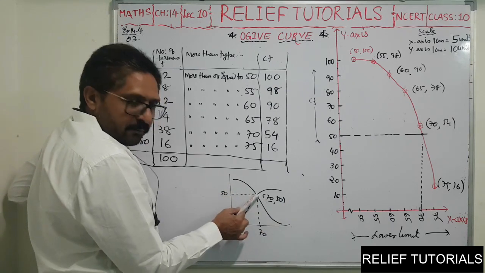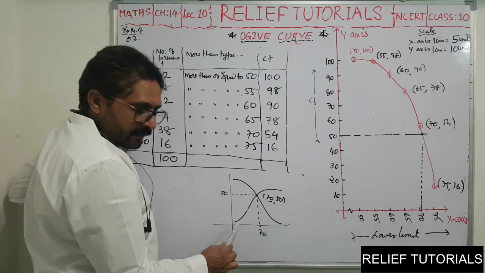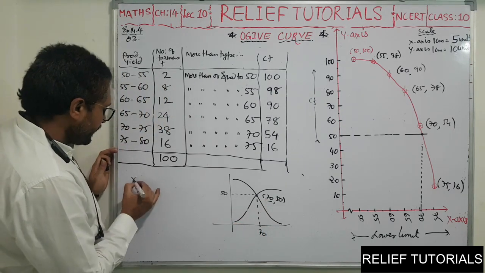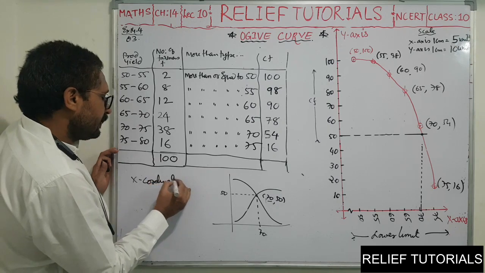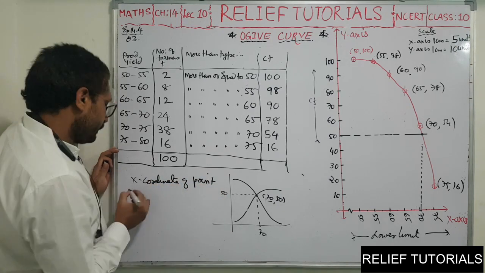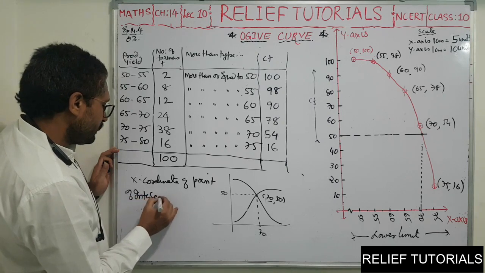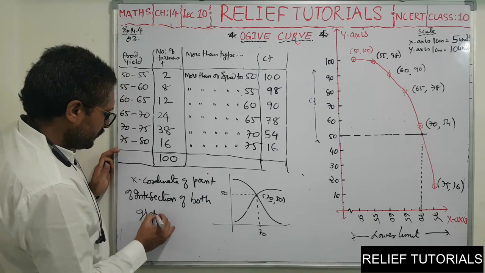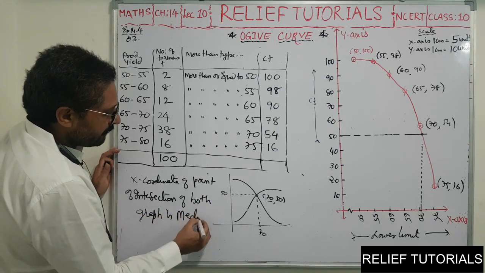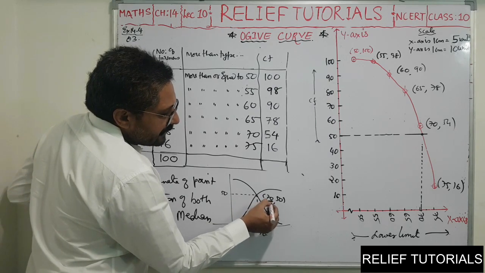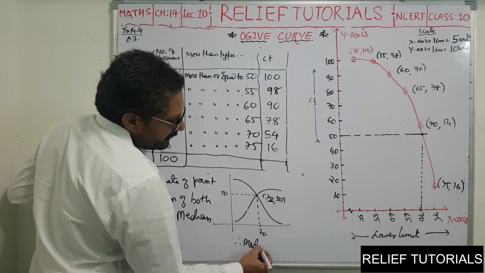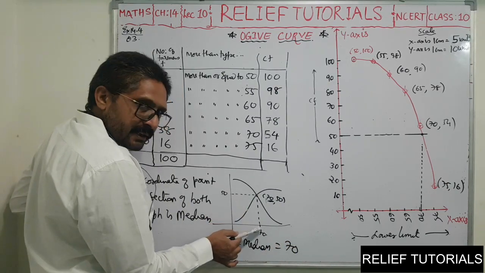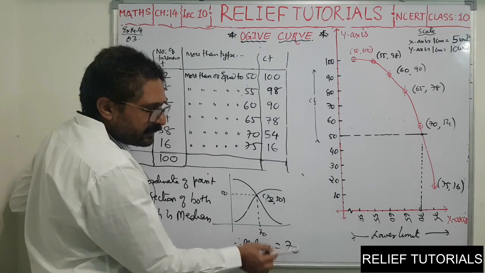This is the point of intersection of both the graphs, less than type and more than type. And the x-coordinate of this point of intersection is the median. So x-coordinate is 70, so I can say median is equal to 70. Or just at this point of intersection, you draw a perpendicular to the x-axis, where it intersects, that is the median.